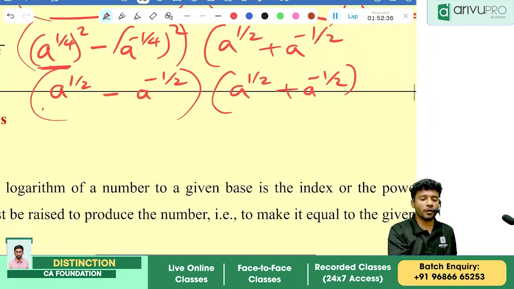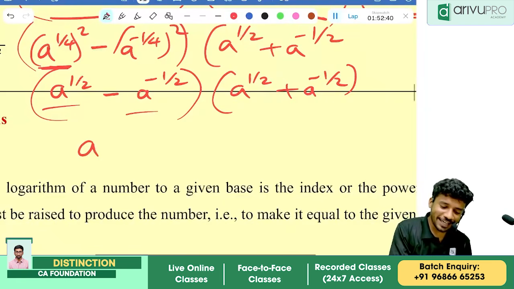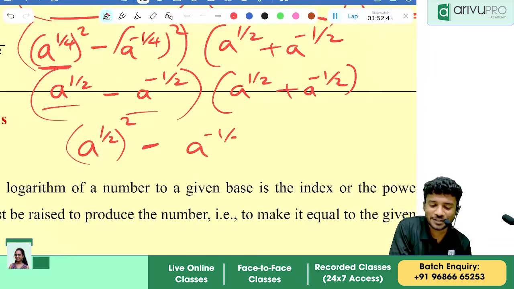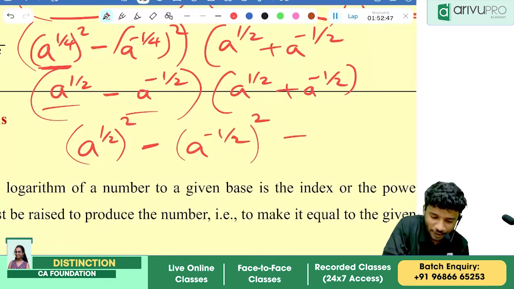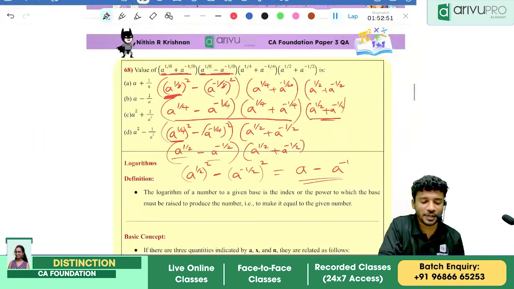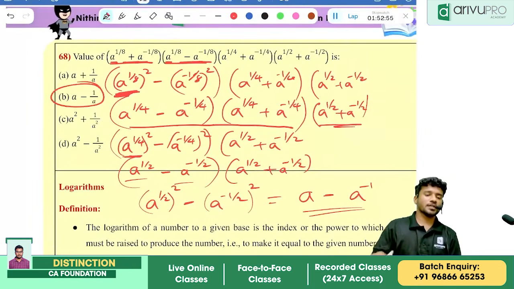This is of what form? A minus B into A plus B. Open it again. A raised to 1 by 2 the whole square minus A raised to minus 1 by 2 the whole square. What is remaining? A minus A raised to minus 1 is remaining. Which option is the answer? Option B is the answer.